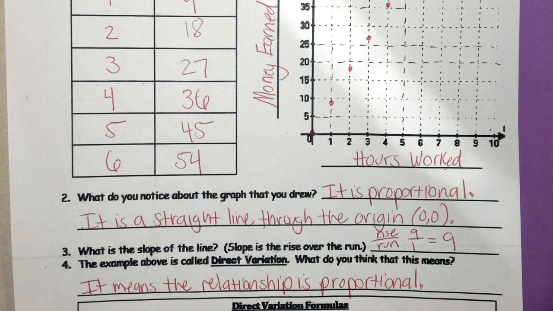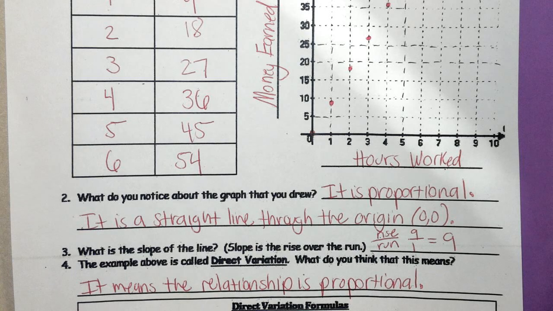Do you guys remember on Monday when we looked at our tables, how did we decide if the table was proportional? Not if they were linear, if they were proportional. What did we do? What over what? Say it out loud.